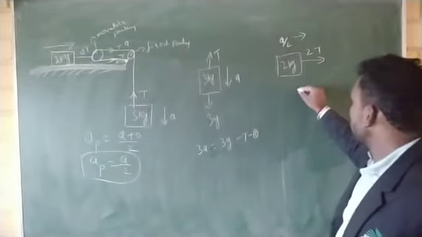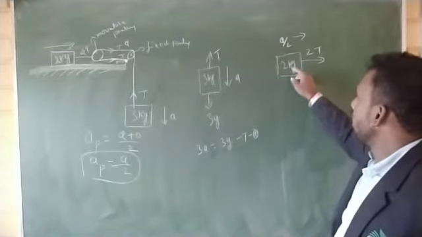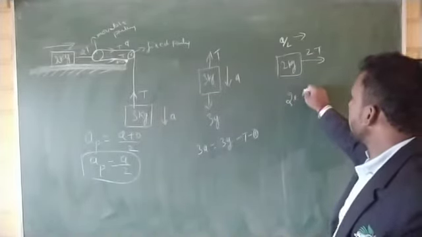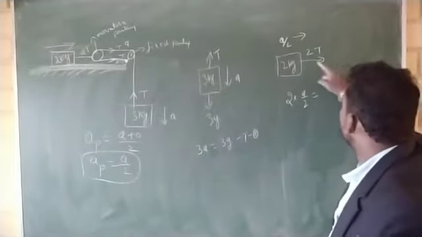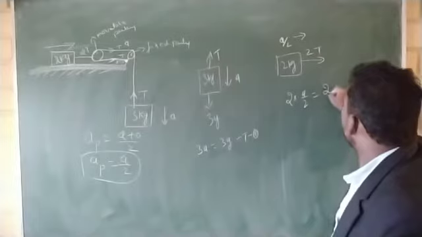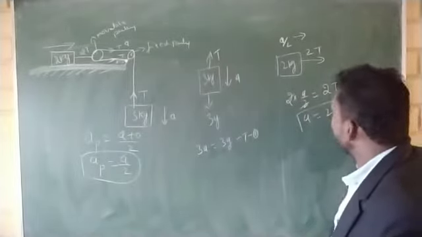Now write the equation. Force is equal to m into a: m is 2, a is a by 2, is equal to 2T. 2 cancels. A is equal to 2T.